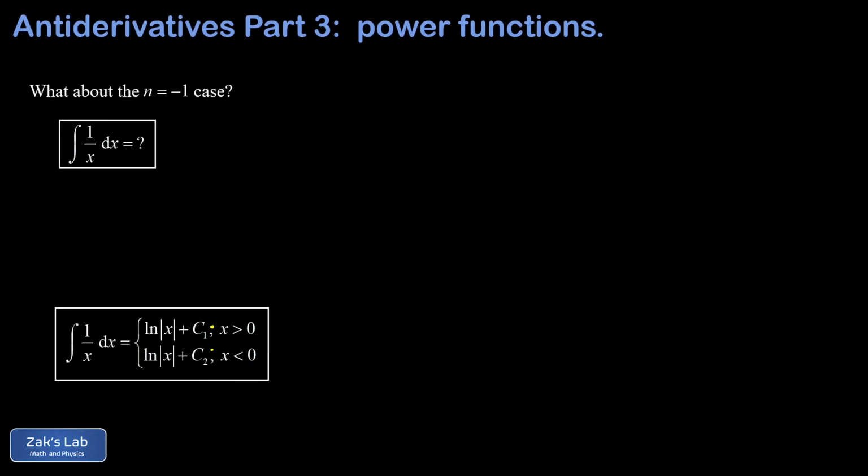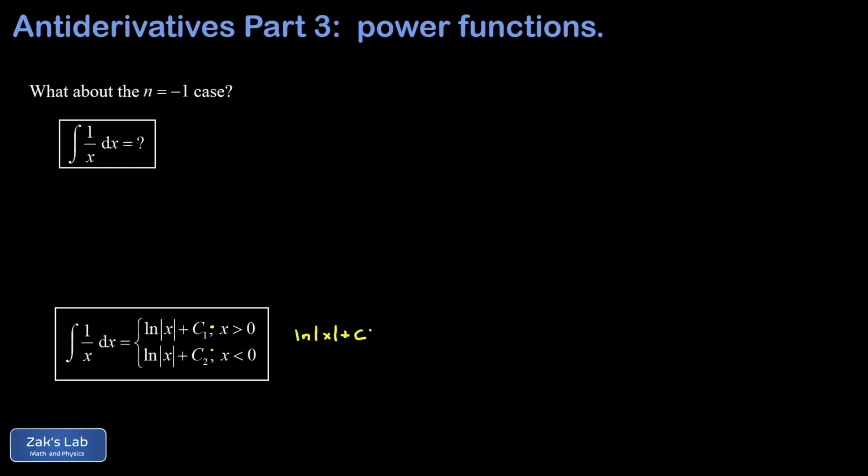Notice that you can pick different constants for the left and right sides of the real number line when you're defining this antiderivative. Now, in practice, calculus books and calculus teachers are usually a little bit lazy about this, and they say something that's not 100% true. They say the antiderivative is the natural log of the absolute value of x plus c, where they only have one arbitrary constant.